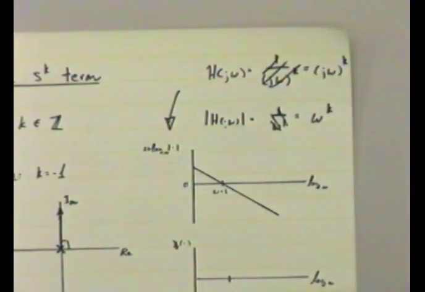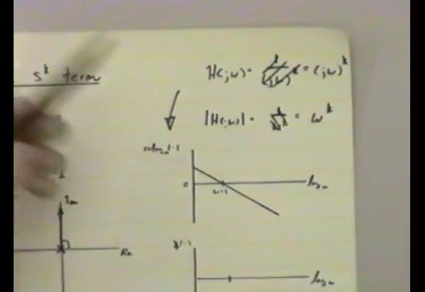Now let's put everything on the proper scales. Let's take the logarithms here that we want. Now if I find 20 log base 10 of omega to the k, then that's quite simple.